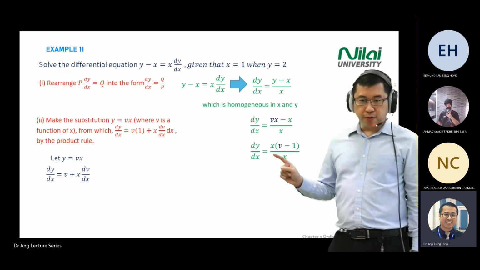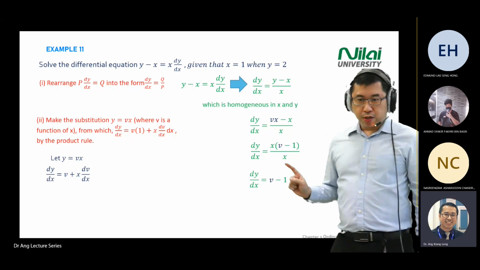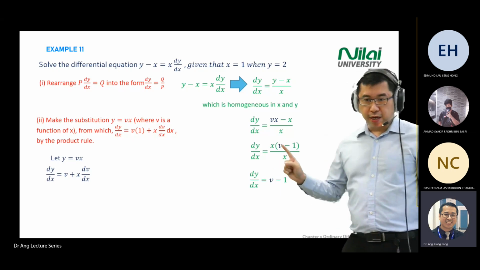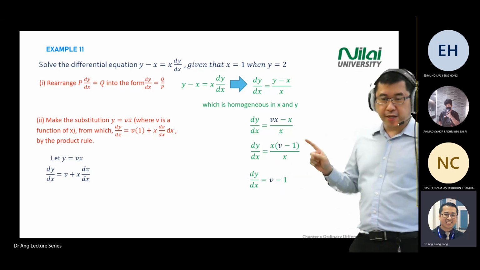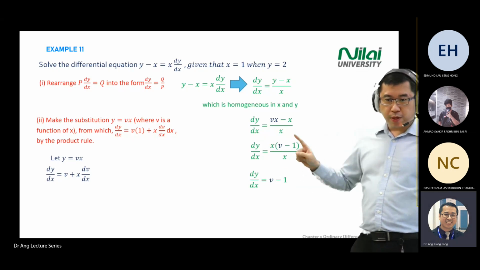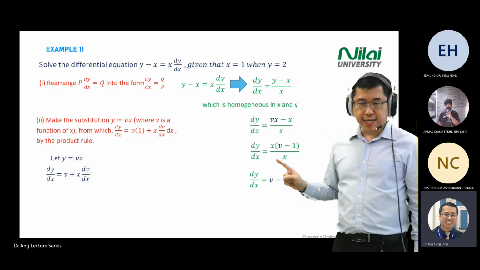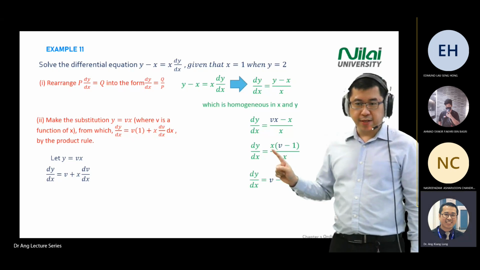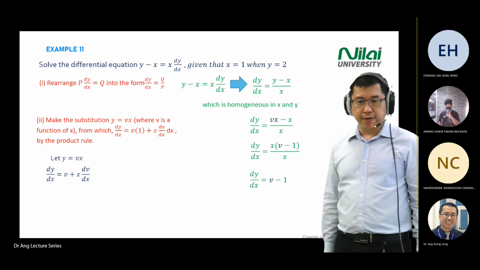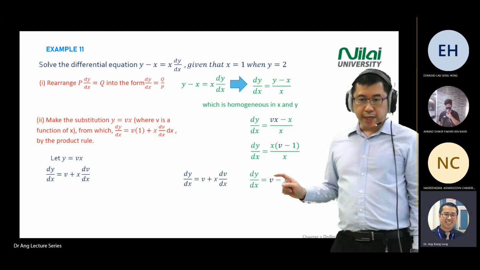All right. So after these steps, what do we do? It depends on the question. After these steps, you simplify the equation. In this case, we can simplify it with x divided by x. You only have v minus 1 left.